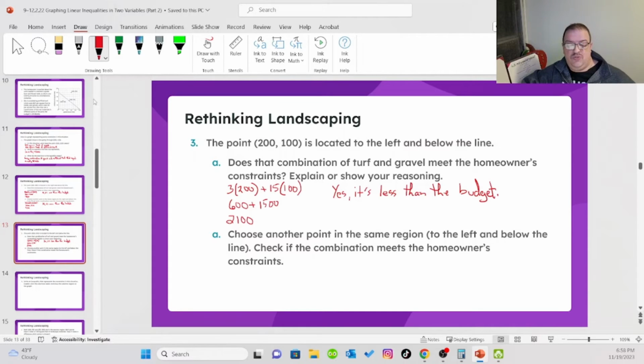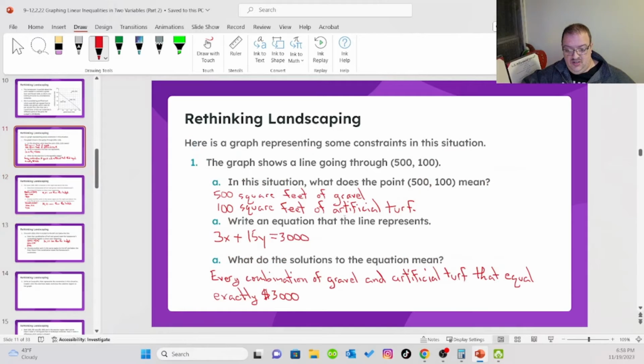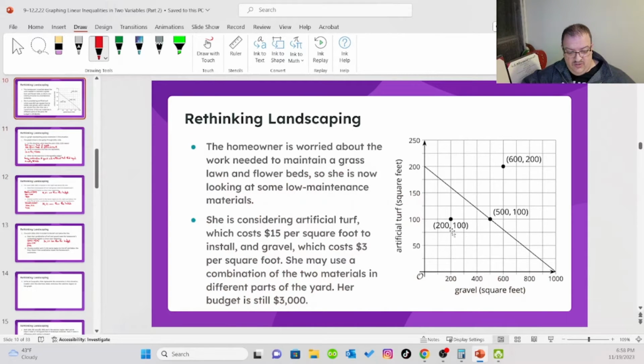Now they want us to choose another point in the same region. So if we look, we could choose a number such as 200, 50.